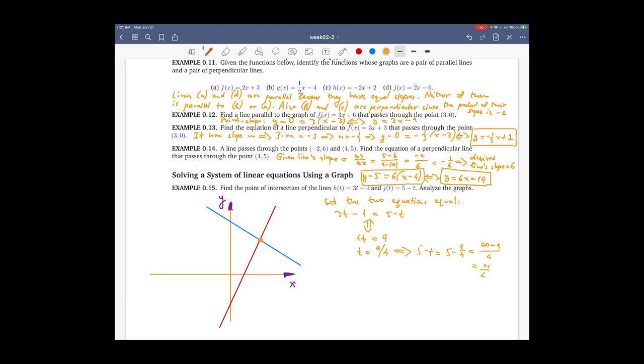So the point at which these two lines intersect has coordinates 9 over 4, comma 11 over 4. And again, the graphical interpretation is that if a system of two linear equations has a unique solution, that is precisely the coordinates of the point at which the lines representing the two equations intersect.